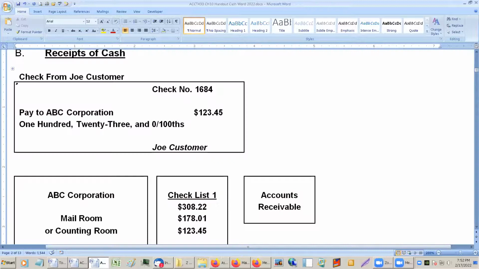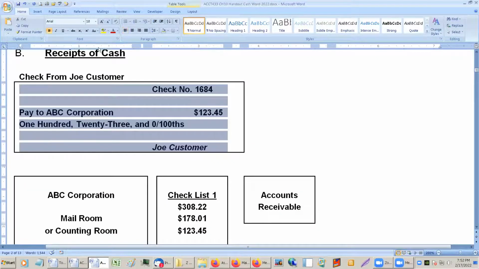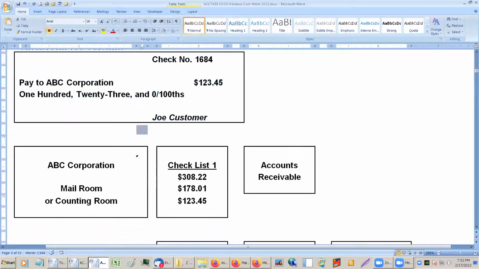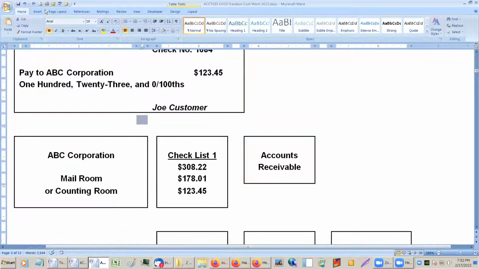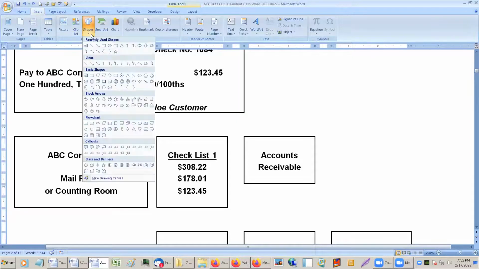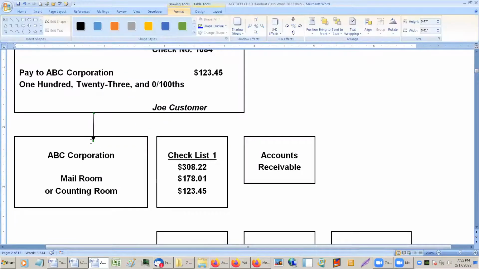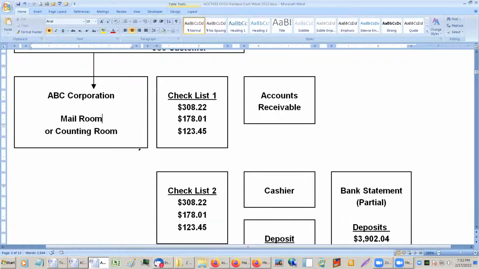So someone sends in their check. This is their check that they sent in. It goes into the mail room. Me and a guy by the name of John Barnes would count that.